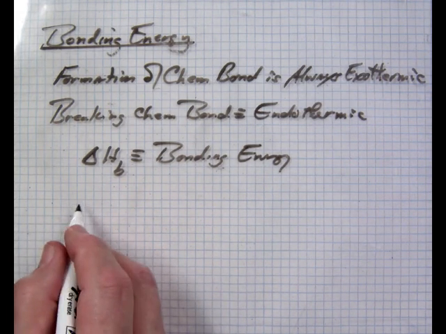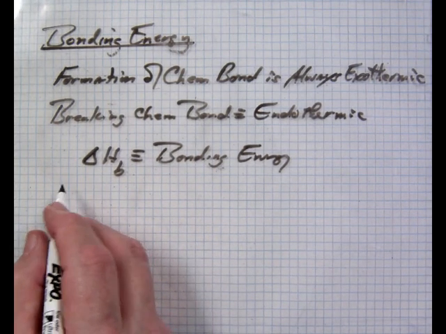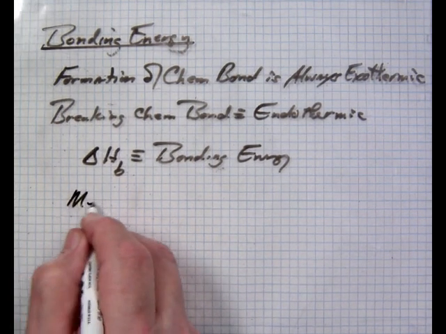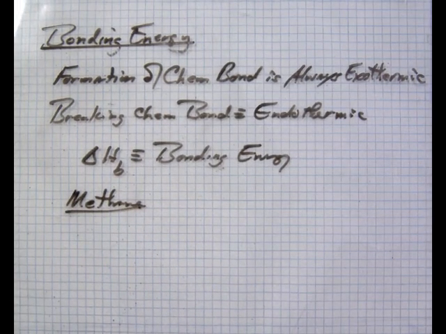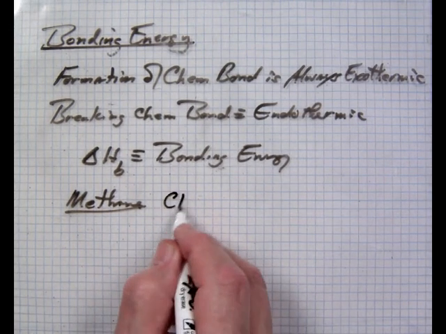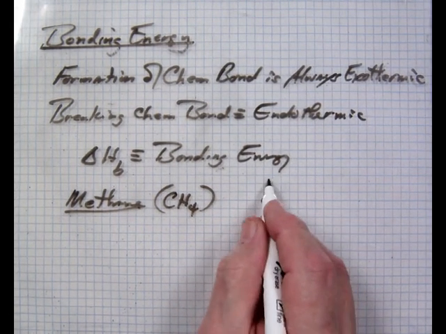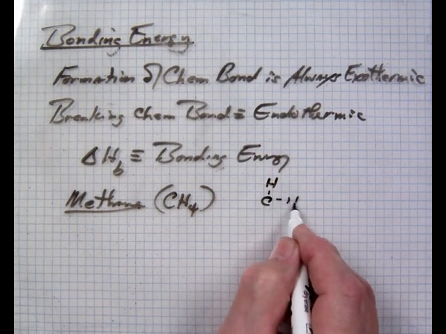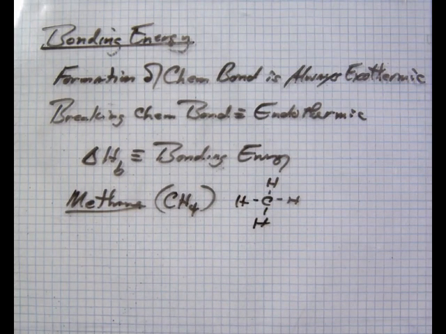In the formation of a compound from basic elements in standard state, methane, let's take that. I'm going to run through all the processes that it goes through. Methane, CH4, okay, and from Lewis dot structures we know that this is the two-dimensional form of methane. Right there.